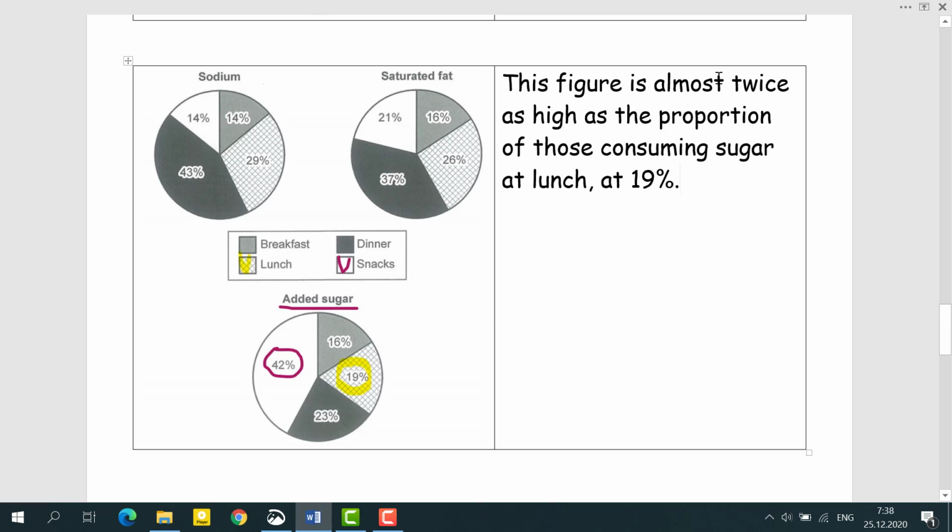This figure is almost twice as high as, which means 19 plus 19 as the proportion of. So instead of writing the word percentage, you can write this figure or the proportion. Consuming sugar at lunch. Okay, and then you need to present this percentage. Good, let's move on.